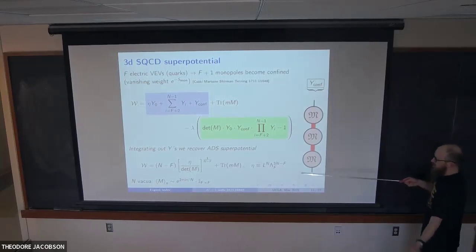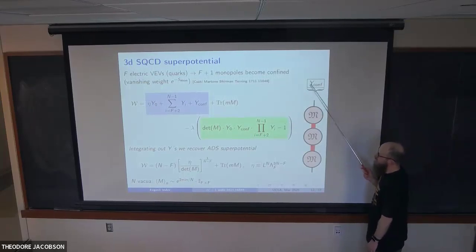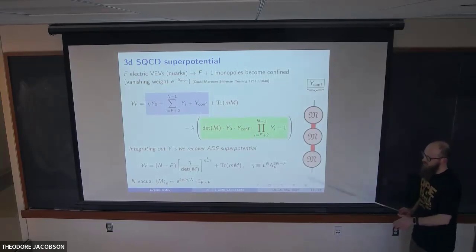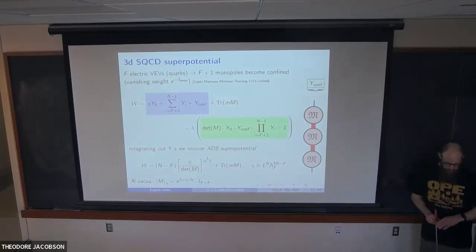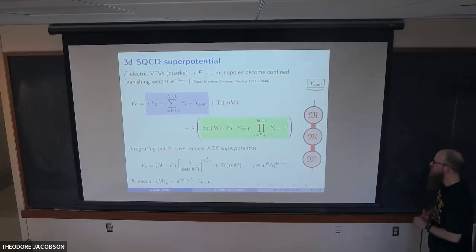So overall, what you end up with is the same number of degrees of freedom, with one constraint, because if you started with pure super-Yang-Mills, you have the N monopole degrees of freedom with one constraint that their product should be 1.